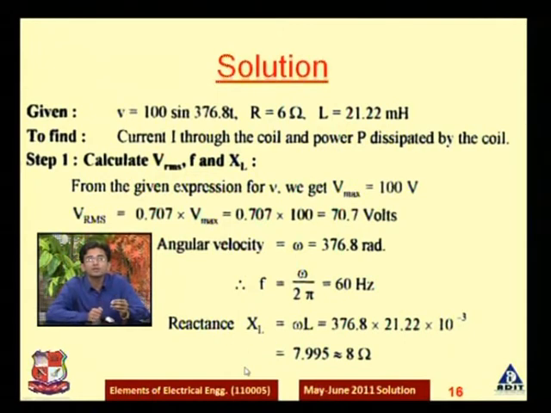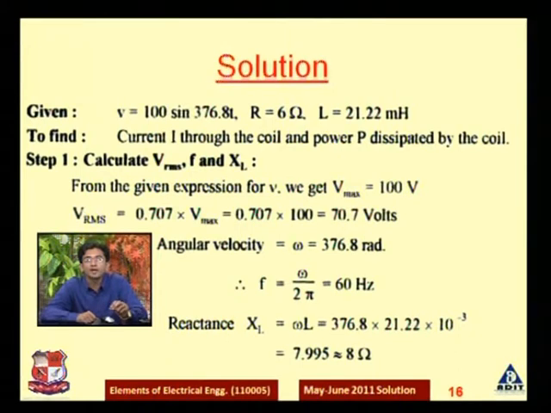Now you have the value of resistance and the value of inductive reactance also. So by these two values, you can calculate the impedance. Why do we need to calculate the impedance value? Because we ultimately want to find out how much current is to be drawn by the circuit.